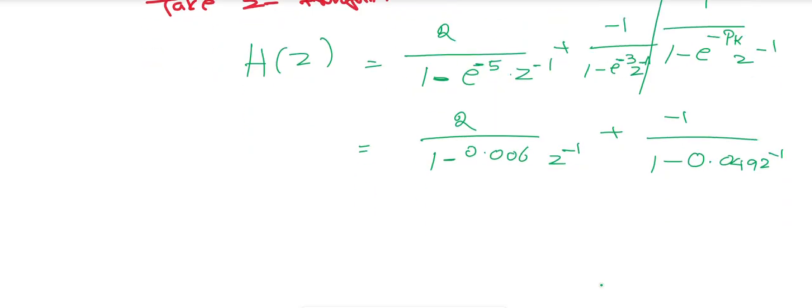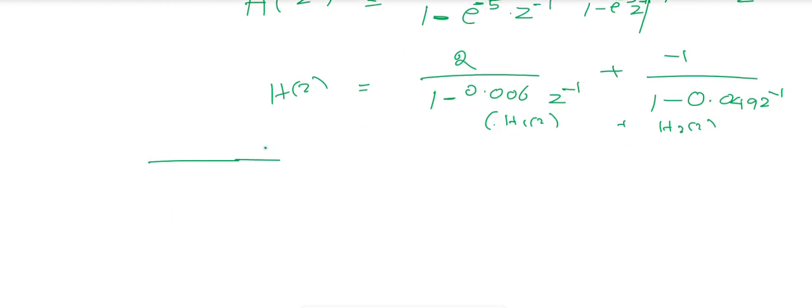So now how do you realize the system? This system can be realized separately, as a cascade section or in parallel. Take these separately: this is H1 of z and this is H2 of z.